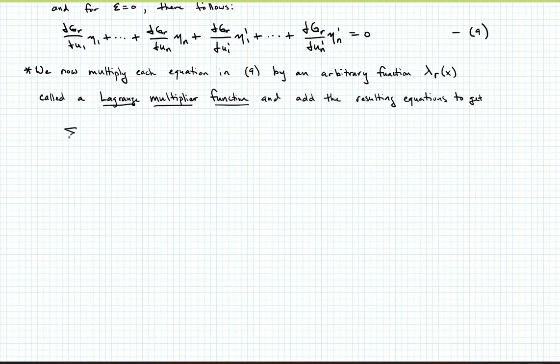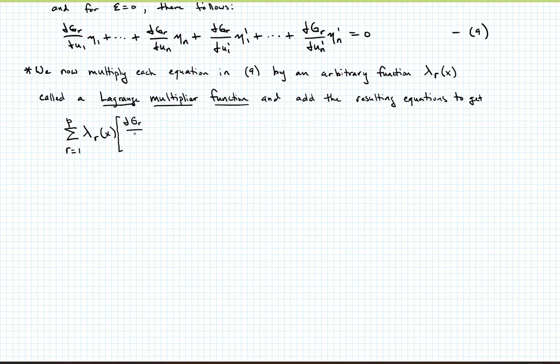So we end up with the sum from r equals 1 to p of the function lambda r of x times what we have in equation 9. For each, there are all these p equations represented.